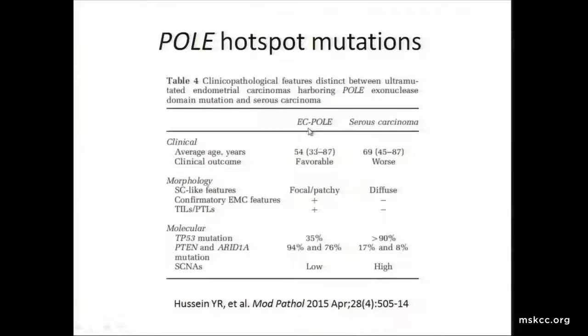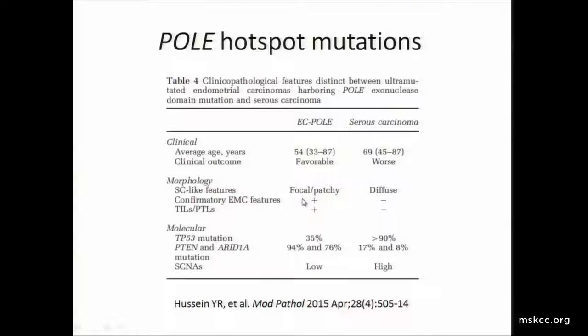So here's a comparison of polymerase E hotspot mutated endometrial cancers with serous cancers, again, because this is the largest clinico-pathological problem we face given the context here. The POLE patients are younger. They have a better outcome. When there are serous-like features, they're usually, but not always, found only geographically or focally within the tumor.